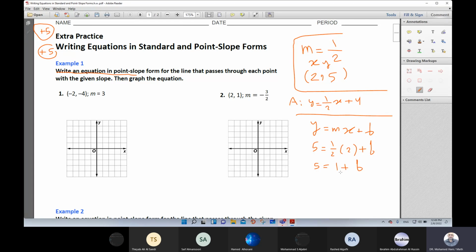We want to remove 1 from this side, so add the inverse of 1, negative 1 here and negative 1 here. 1 minus 1 will be 0, remains b. And 5 minus 1 will be 4.